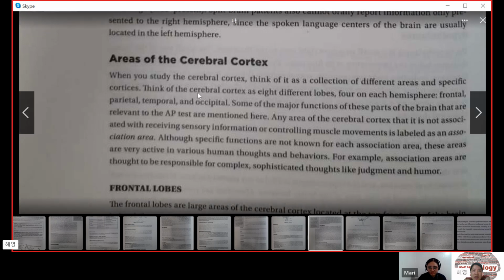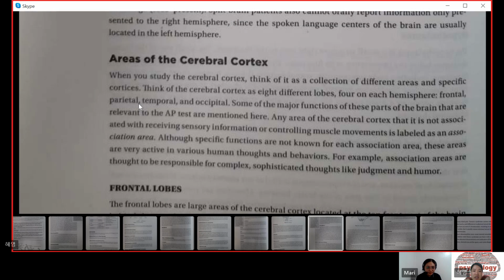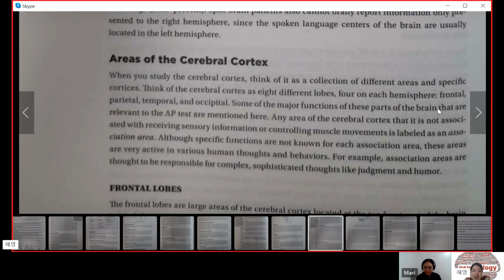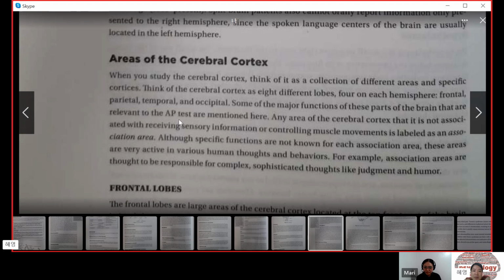Think of the cerebral cortex as 8 different lobes, 4 on each hemisphere: frontal, parietal, temporal, and occipital. Some of the major functions of these parts of the brain that are relevant to the AP test are mentioned here.